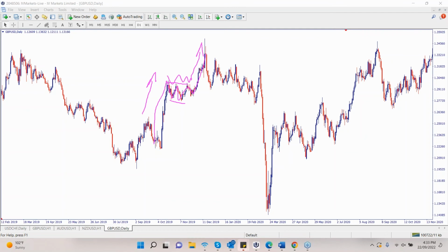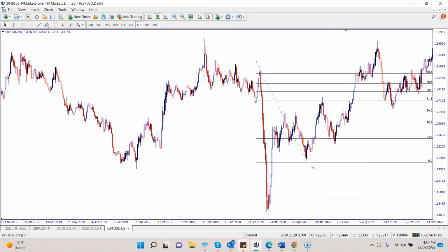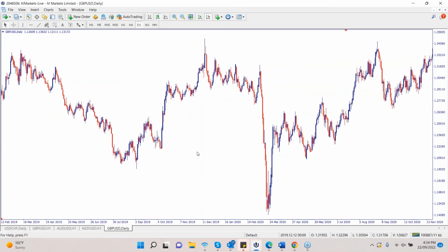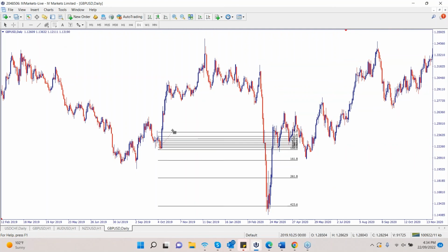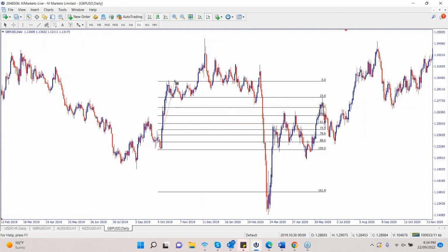What we have to do simply, and vice versa, by the way: in the bearish market we drew the Fibonacci from top to bottom, but for the bullish direction we have to draw our Fibonacci from bottom to top. So this is the impulse, and simply follow the rules.